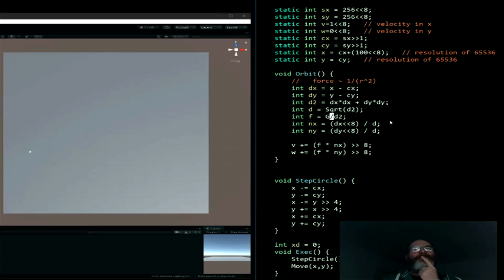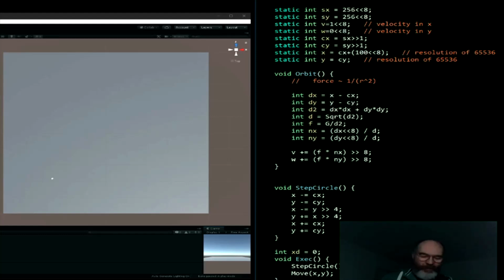Oh, there is this divide. G, that's also a square. Okay. So what I'm going to do is make G equal, say, 1, which is 1 shifted by 8 bits this way. Then I need to watch this divide as well.